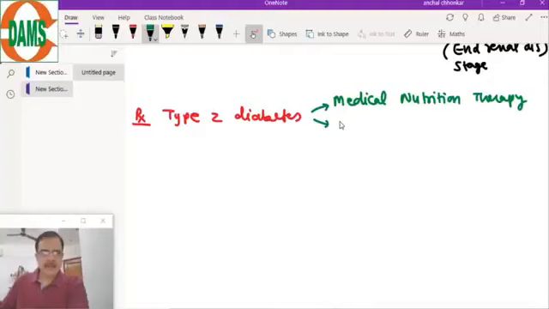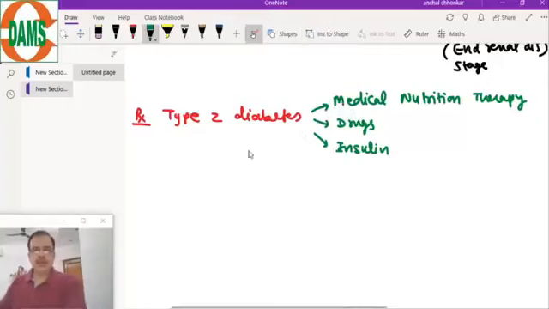Then we have drugs, we have insulin, and of course the bariatric surgeries that help in type 2 diabetes. So starting with the first one, first is the MNT, medical nutrition therapy.